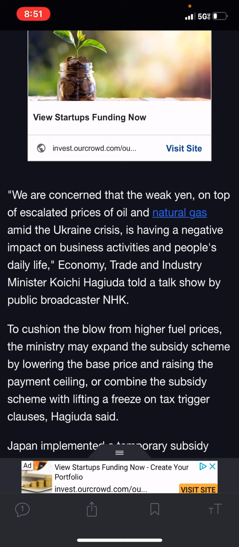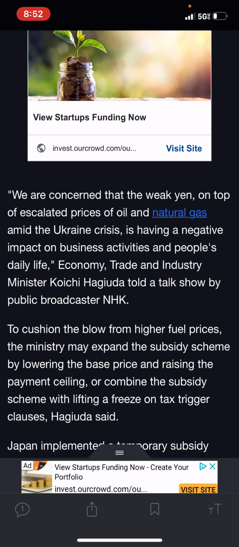And when you lower the gas prices, that means Japanese consumers are going to have more money to spend in the stores. If consumers have more money to spend in the stores, that means more money going into the economy, and as the economy gets more money it's going to grow, and a stronger economy supports currency strength.